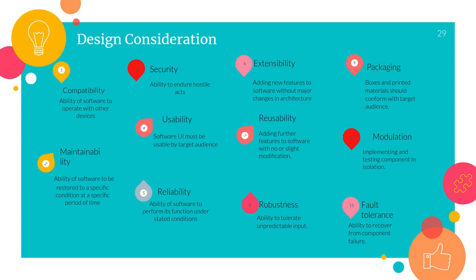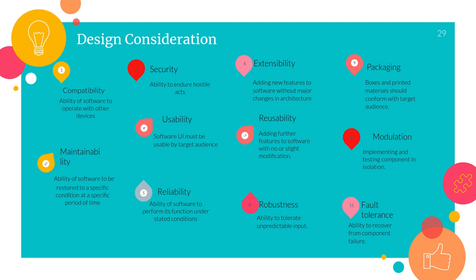Definitely, modularity comes with a lot of benefits, like maintainability, extensibility, reusability, and fault tolerance. You should be able to reuse some features, some functions. If you create classes, you should be able to reuse them.